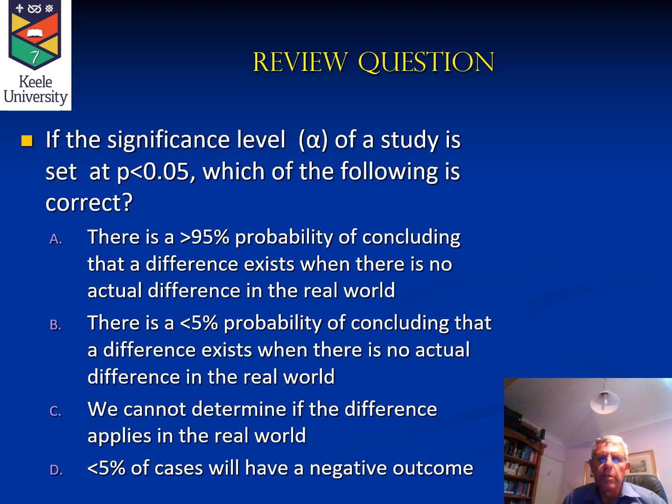Here's a review question based on the concepts that we've just been discussing. If the significance level of a study is set at p less than 0.05, which of the following is correct? Is it A, B, C, or D? Let's just have a look at those four options.